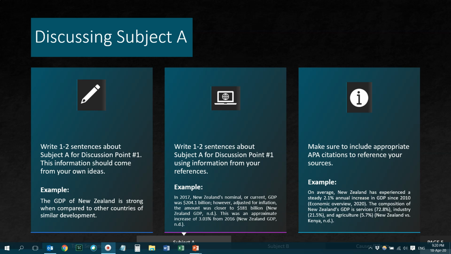The second sentence shows the title of an article, New Zealand versus Kenya, but there's no date, so we have ND. For a reminder about how to cite your references inside your text, refer to the previous video when we talked about using academic sources in your writing.